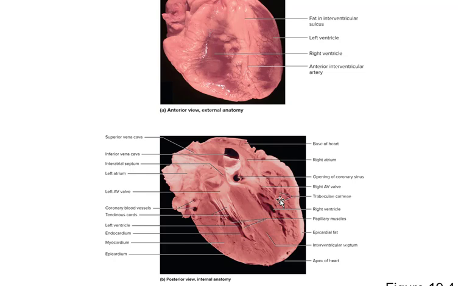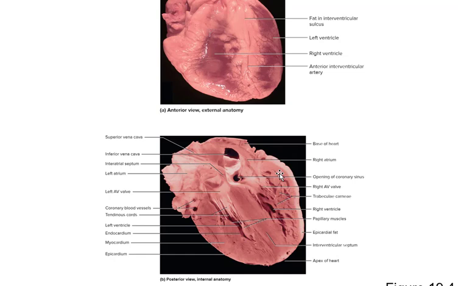Now, the right side only has to make it over to the lungs. And if you remember, the apex of the heart is actually sticking into the lungs. It's actually compressing into the lungs. So you do not have very far to go. So you do not need a really thick muscle here to push through the pulmonary trunk.